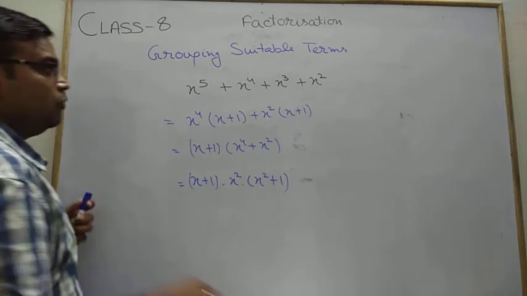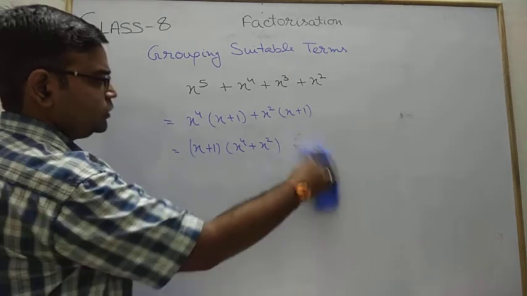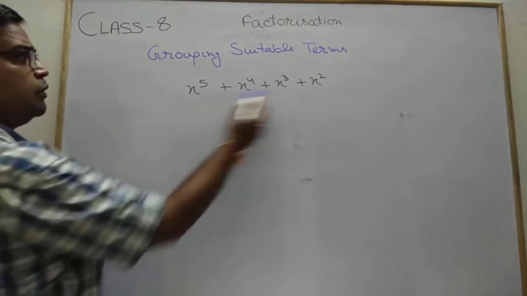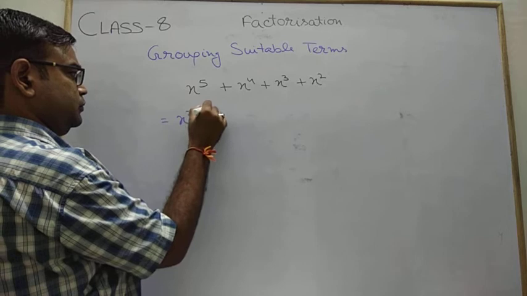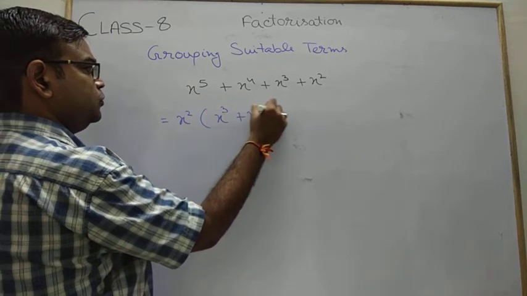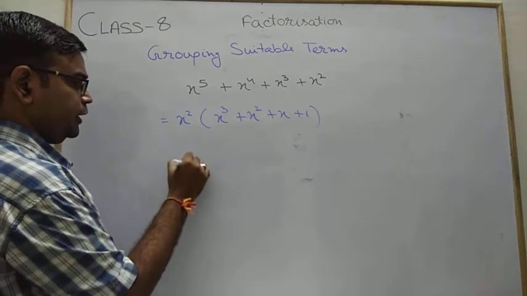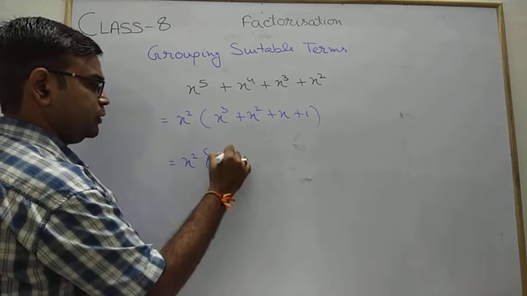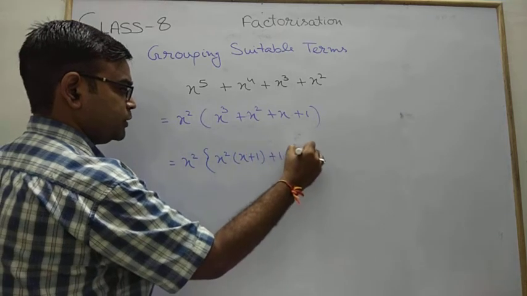But what I want to discuss with you, in place of this, you can use this process. First, from all the terms, the lowest power is x². Take x² common first. What we have is x³ + x² + x + 1. Now again from this we can choose x² common. We have x + 1, plus 1 common, x + 1.